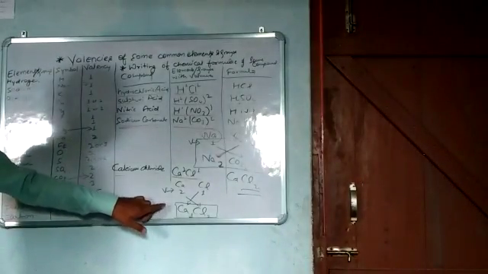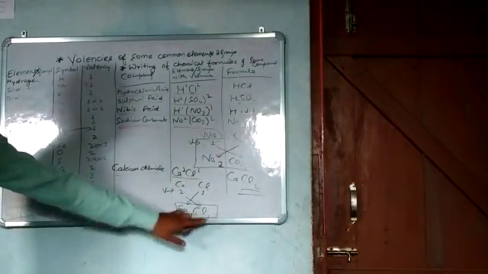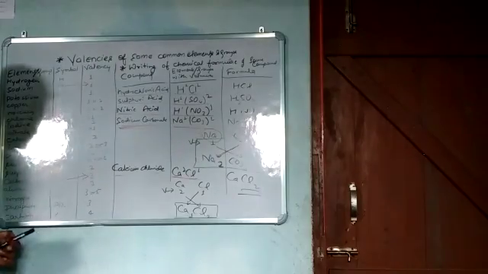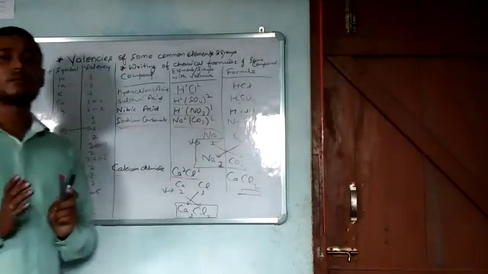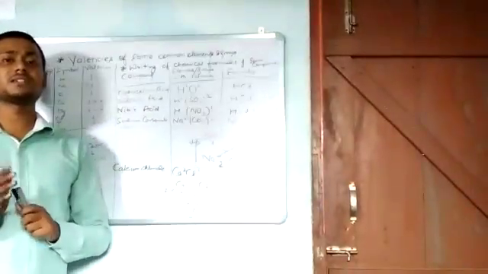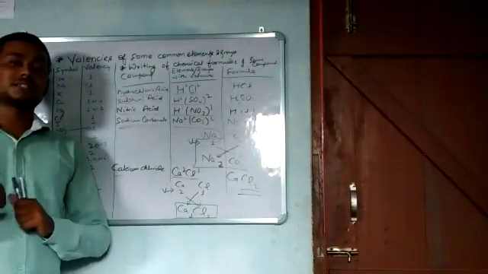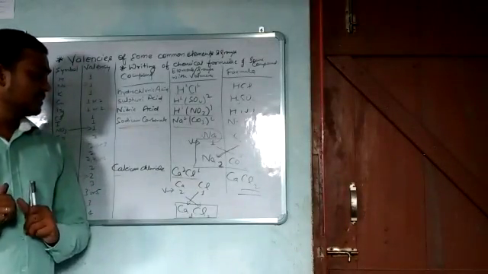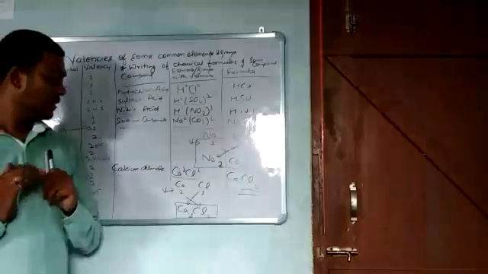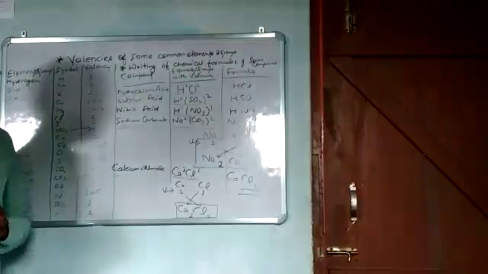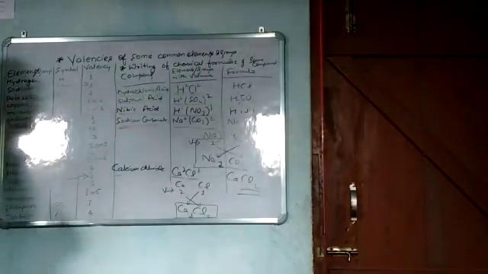Hence CaCl2 is the formula. Okay, so while writing a formula, we just interchange the valency of elements or groups of elements.